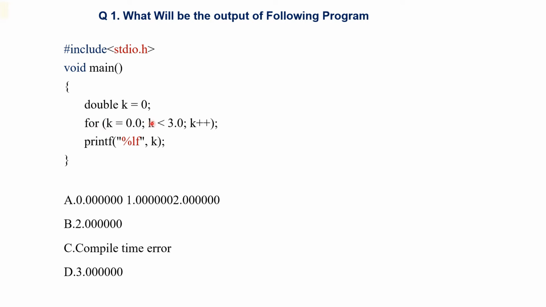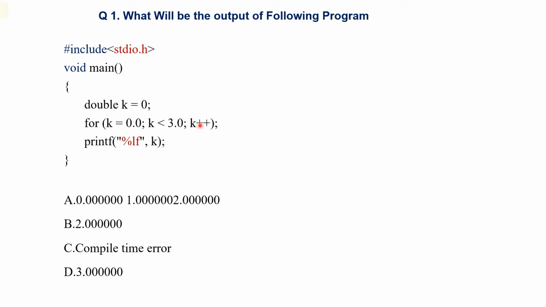But with this statement, value of k varies from 0.0 up to k less than 3.0, incrementing the value of k by 1. So first value of k will be 0.0, then 1.0, after that 2.0, and after that k becomes 3.0.